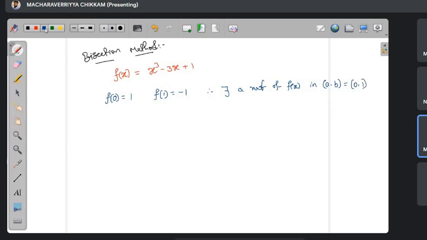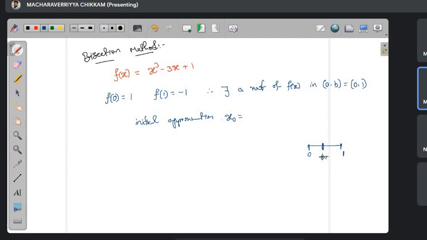All right. So now our initial approximation. Let me assume that is x naught. We are saying that between 0 and 1 there is a root, right? So what is that root? I am saying that approximately that is the middle point. How do you find the middle point?